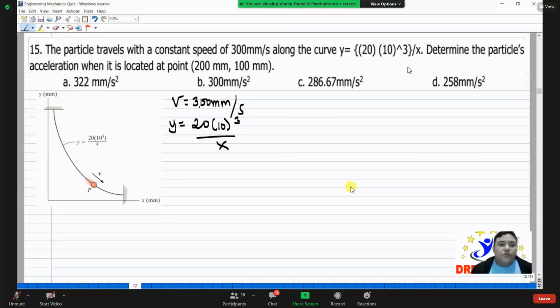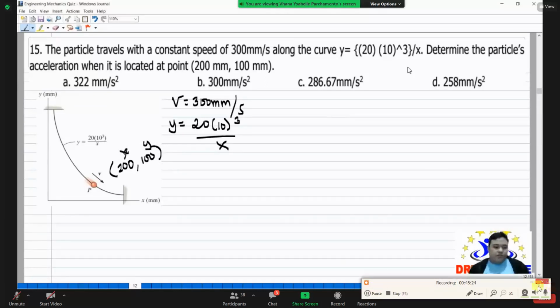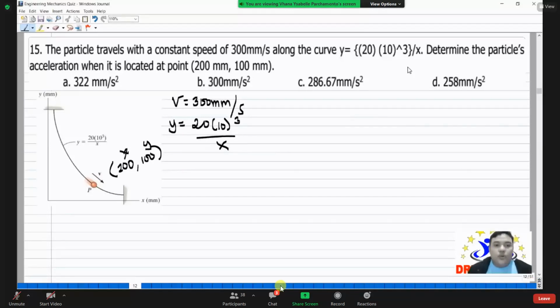Determine the particle's acceleration when it is located at, so ilo-locate daw natin siya at 200, 100. So this is x and y. Yan. So constant speed, so constant yung acceleration. Acceleration ng object. So that is a sub t is equal to 0.